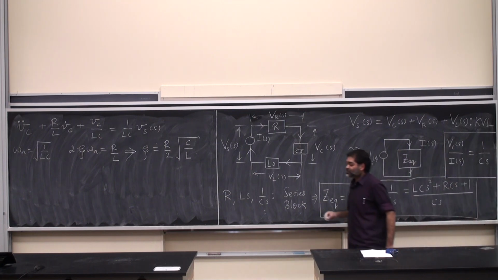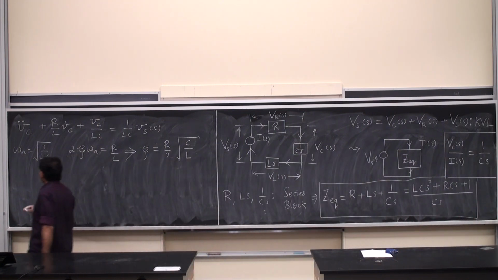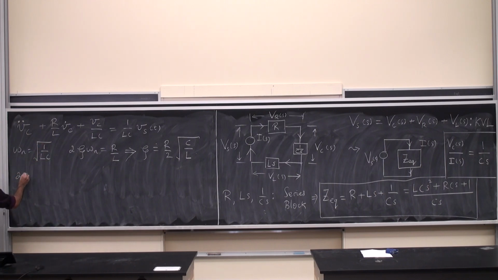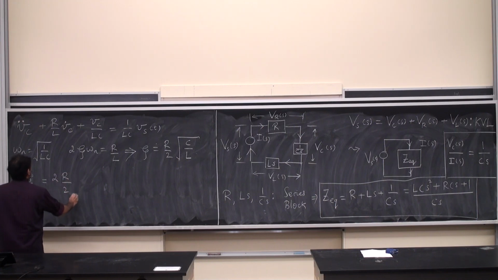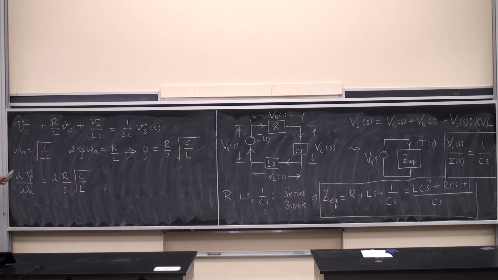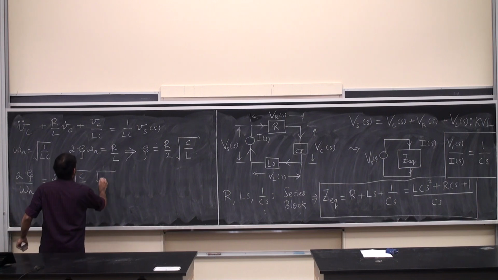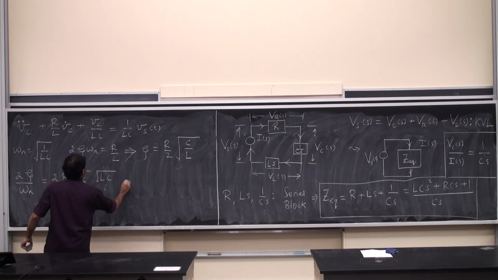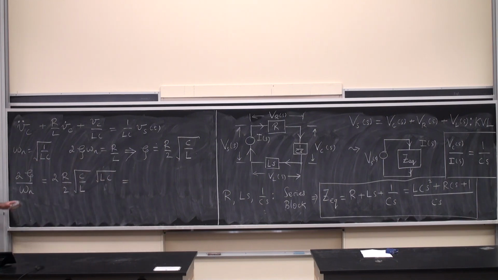Okay, so that's great, but this is still not what I want to do. But I want to write these things down, and I want to point out one more thing. Two zeta by omega n, just randomly writing this down, is 2 R by 2 square root of C by L. 1 by omega n is square root of C times L. Square root of L cancels off, 2 and 2 cancel off.